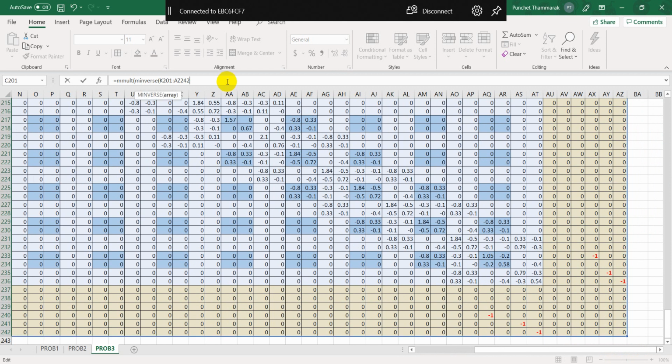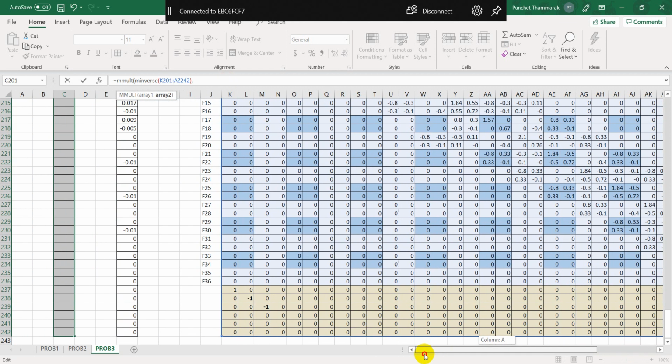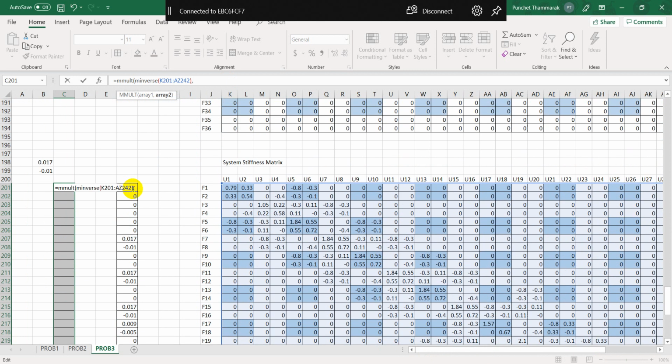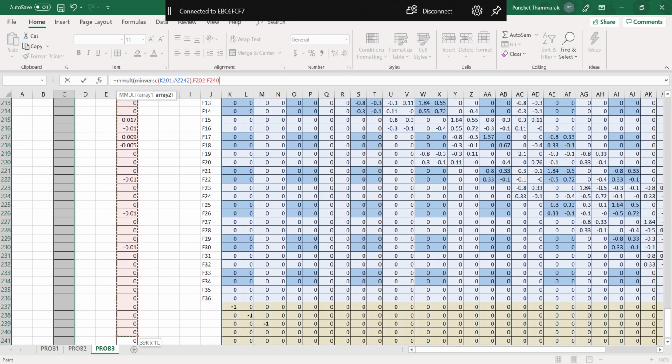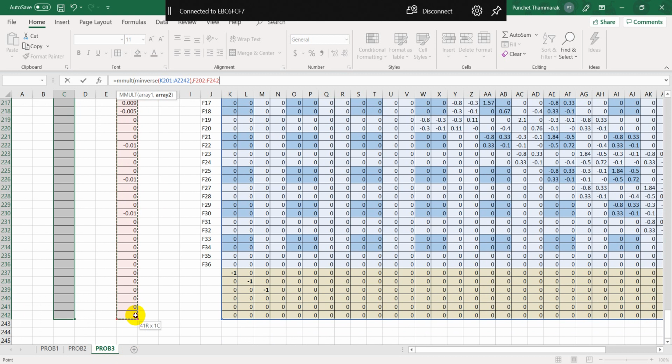Close the bracket and you multiply it by the force. I cannot click this cell. Fine, let's just edit it.